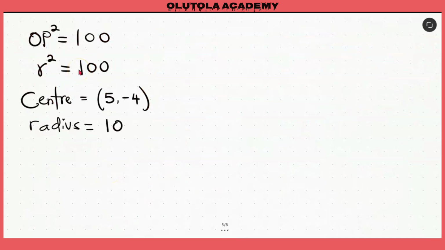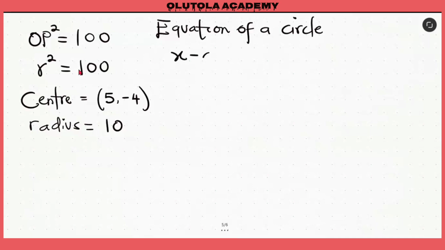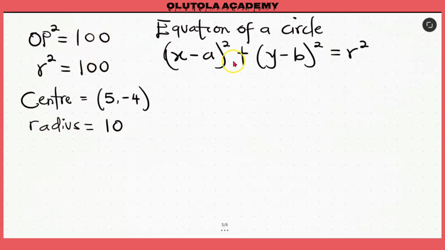Now I can use the equation of a circle formula. The equation of a circle, as I did in my previous lesson, the link is in the description, is (x minus a) squared plus (y minus b) squared equals r square. In this formula, a and b are the coordinates of the point at the center.